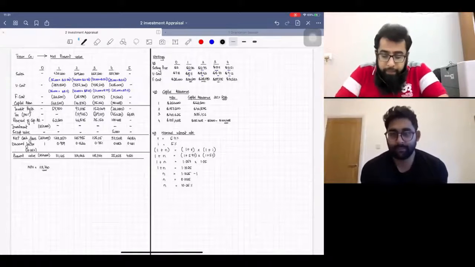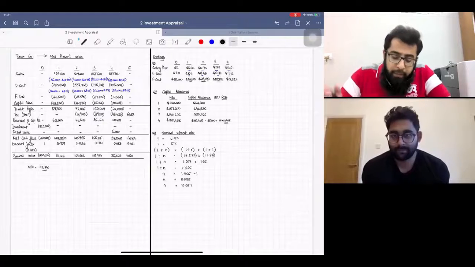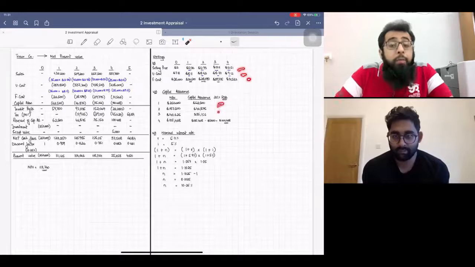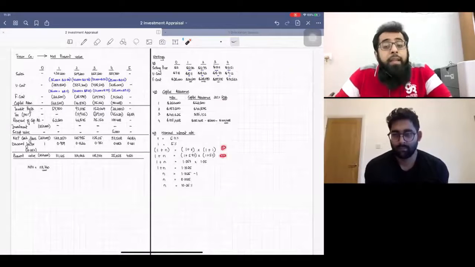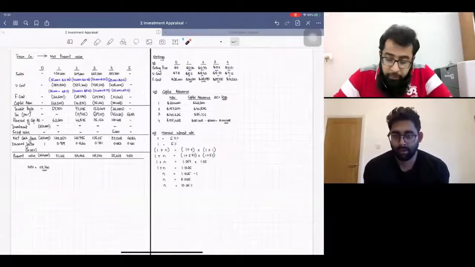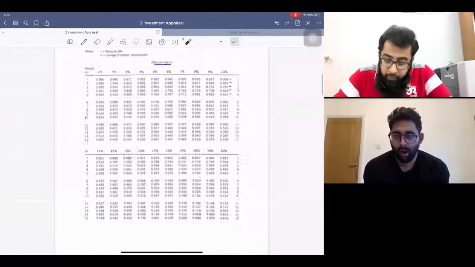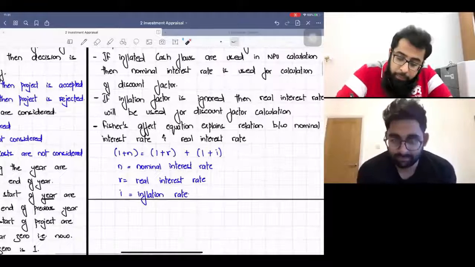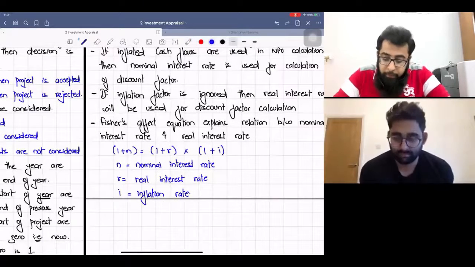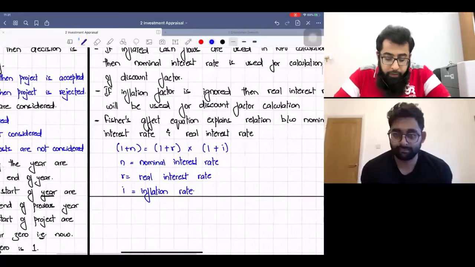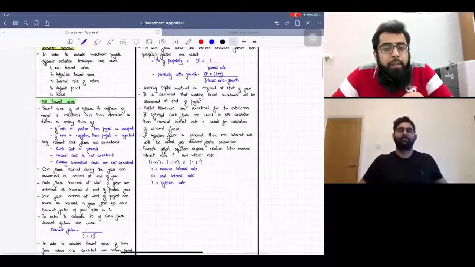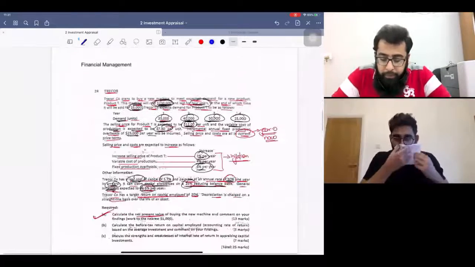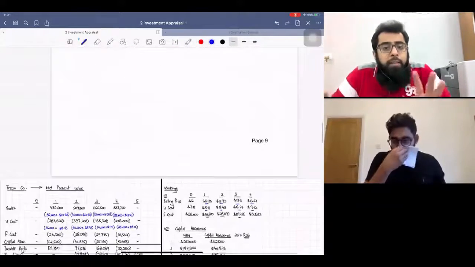In this question, we revised our inflation adjustments, our working capital allowance, and how to deal with inflation. The basic formulas which I discussed with you, I think I wrote a plus sign here, it's a multiply sign, and how we calculate the NPV. It was a basic question, not a difficult one, with some basic adjustments.